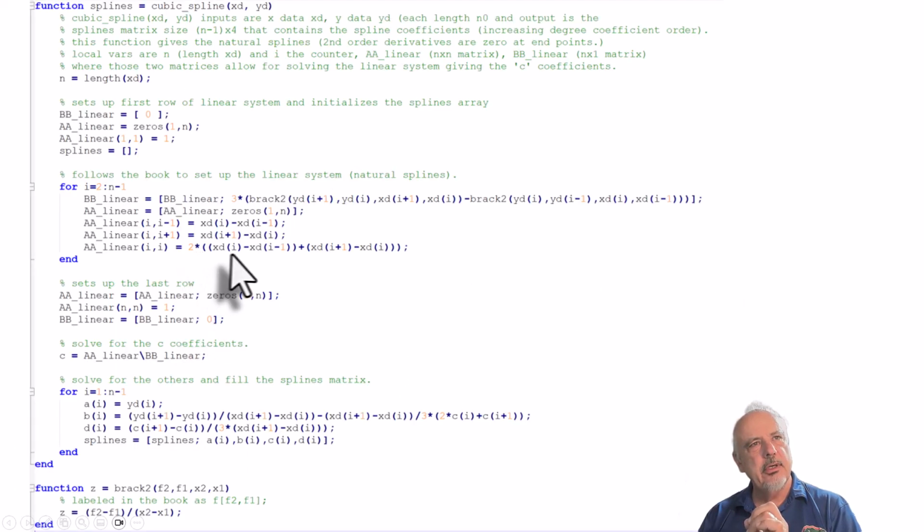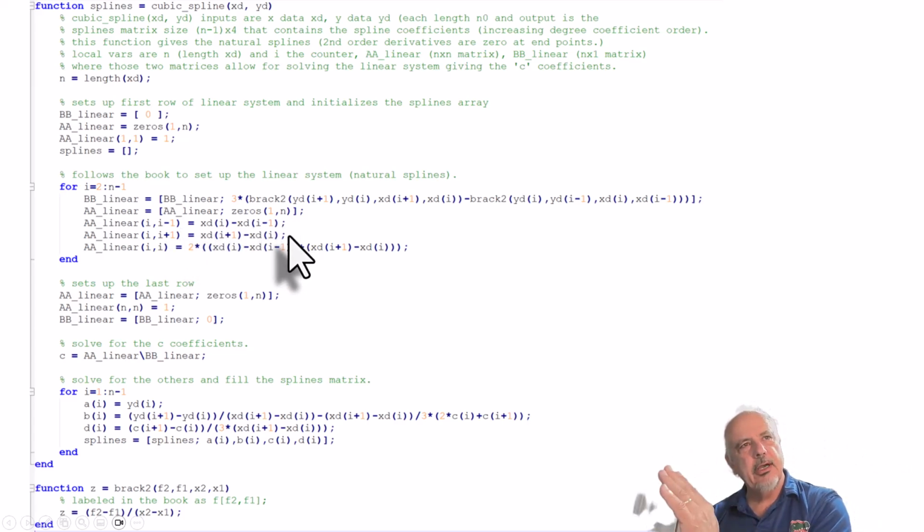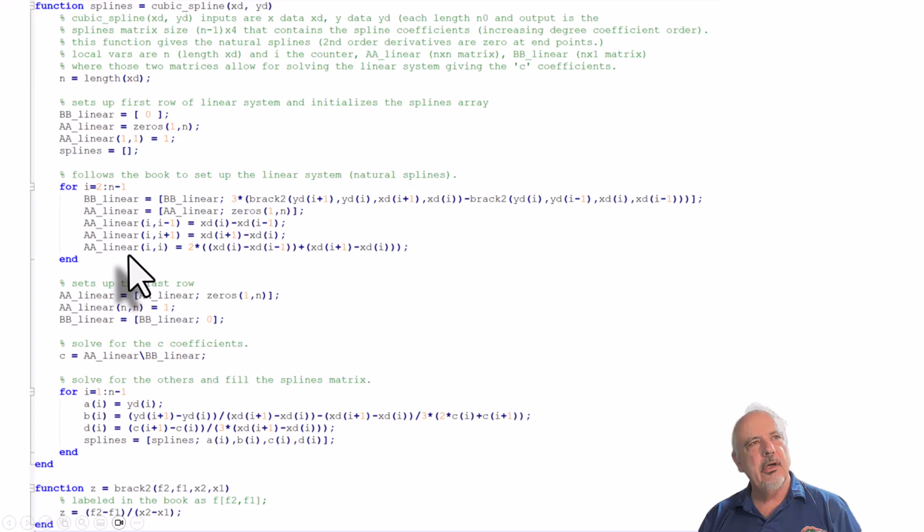So that's what's going on here. And then I fix up the location to the left of the pivot would be this, and the location to the right of the pivot would be that. So left of pivot, right of pivot, and that takes care of the AA for that row.